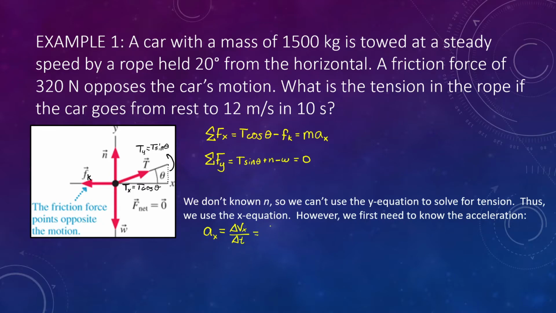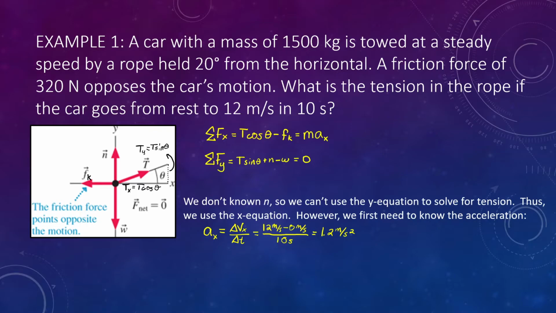We're going from rest to 12 meters per second. So we have 12 meters per second minus 0 meters per second, final minus initial, over the time, which we're told in the problem is 10 seconds. So we have 12 divided by 10, or 1.2 meters per second squared.